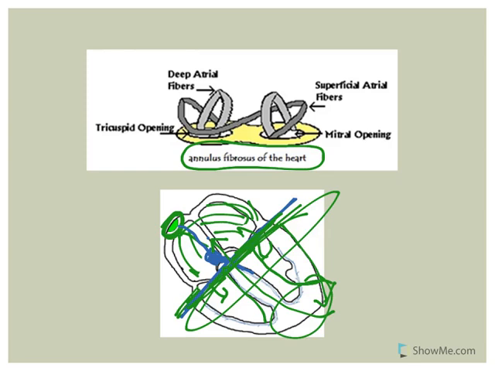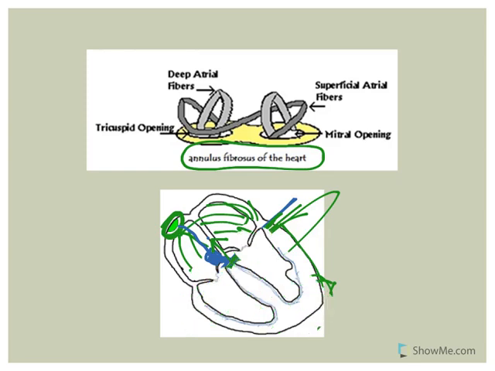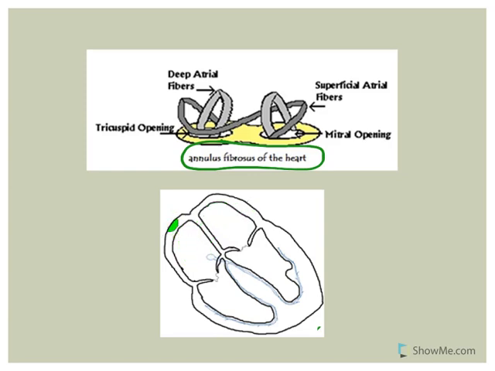Plus, the way that this system is set up, which you're going to look at in another recording, is you're going to look at the cardiac conduction system. You're going to see that electrical activity is going to go from here and then down. Here is the right bundle branch. Here is the left bundle branch. It's going to come down, and then we're going to have those fibers go up this way.